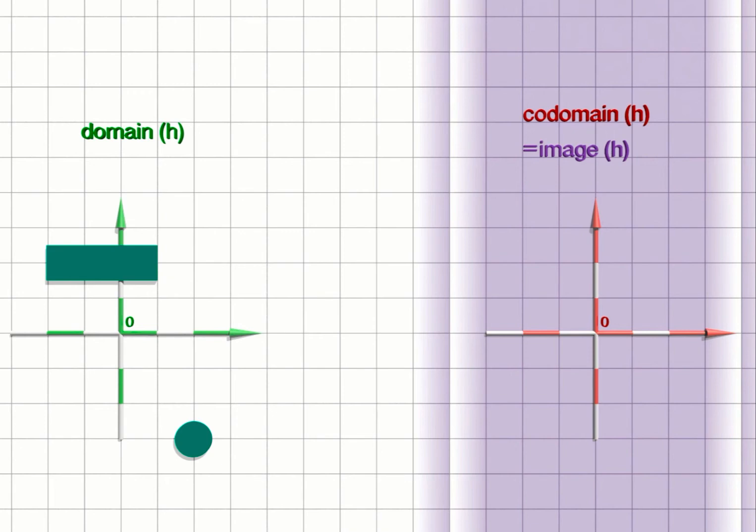Therefore, we can apply the same concept to some particular subsets of the domain. For example, if we take some subsets that have some geometrical shape, in this case I have fixed a circular region like a disk, and then a rectangular region. We can concentrate the action of h to these two regions and draw in the codomain their images. This is the only way we can actually represent in some way the action of h.